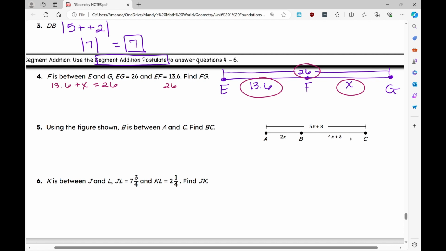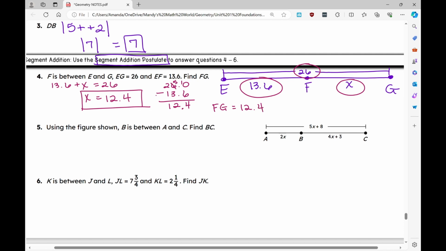So 26.0 minus 13.6, I get x equals 12.4. Am I done? I'm done, because x is the length of FG, which is 12.4. So you can write it like this if you want, FG equals 12.4.